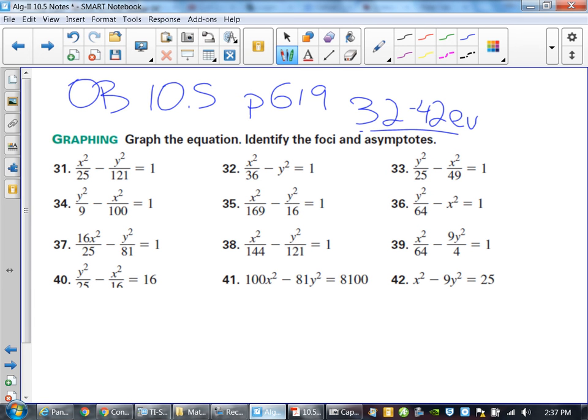It's still going to be your A, B, or whatever, depending on how it sets up. But then you have to pick one of the points with that. Give those a shot and see how we do. I don't think you'll have too much of a hassle. If you did okay with ellipses, you can do okay with this.